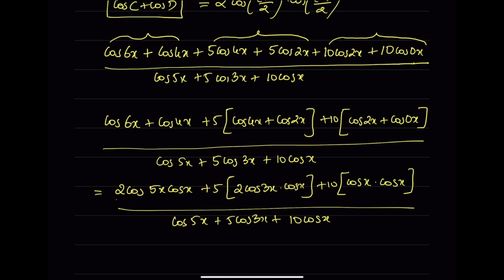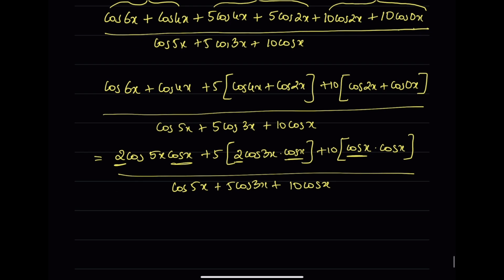Now we have 2 cos x common in all the variables. So 5 can be written as 2 times 5. So let's consider 2 cos x as a common factor. So this would be cos 5x plus 5 cos 3x plus, we have 2 times 2 cos, right?